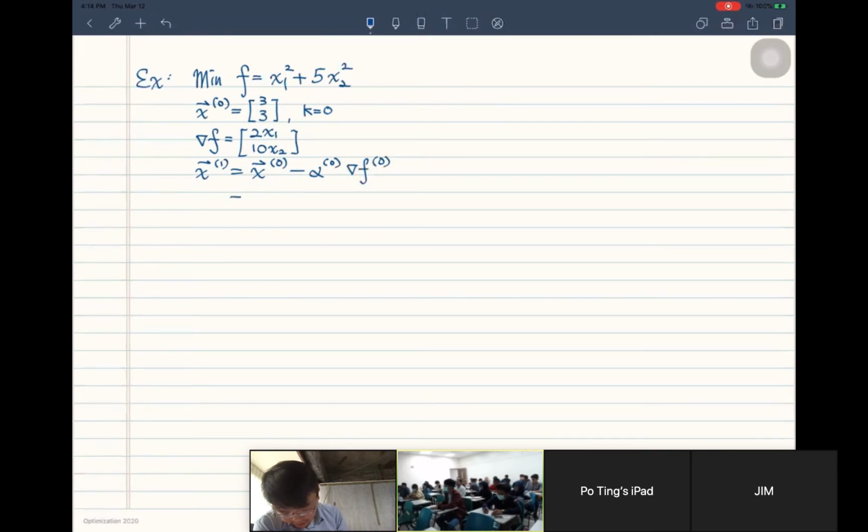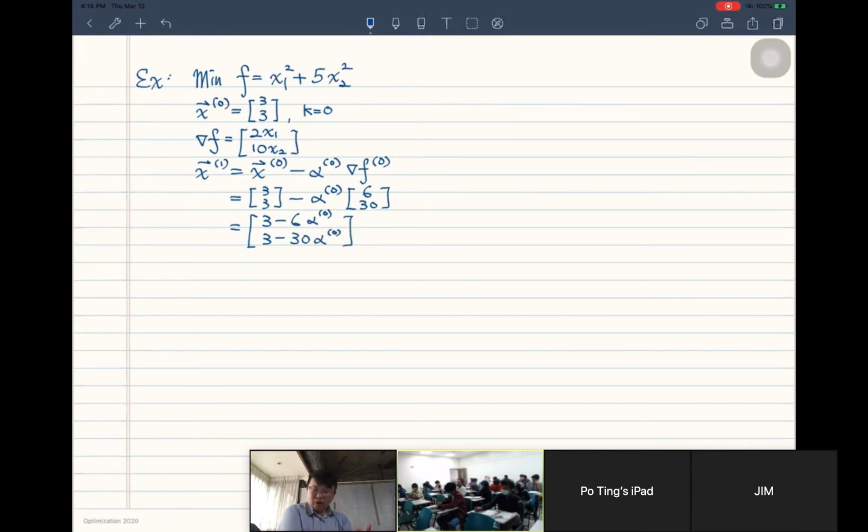So let me plug in. This is my 3, 3. This is some value I don't know, alpha 0. And my gradient will be 6 and 30. Okay, so I actually have something like this: 3 minus 6 alpha 0, 3 minus 30 alpha 0.